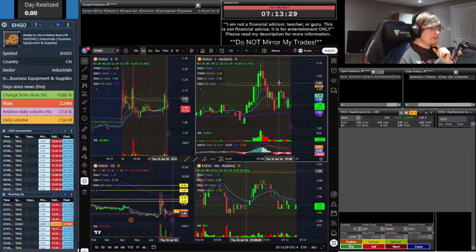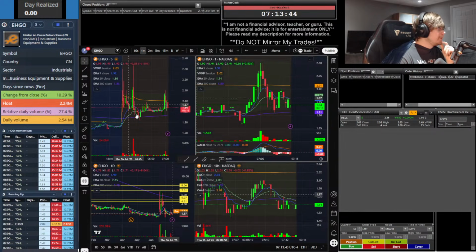Not very intuitive. There's a problem with the highs and regular and extended hours like before. No, I just like TradingView. It looks nice. Lots of customization options.